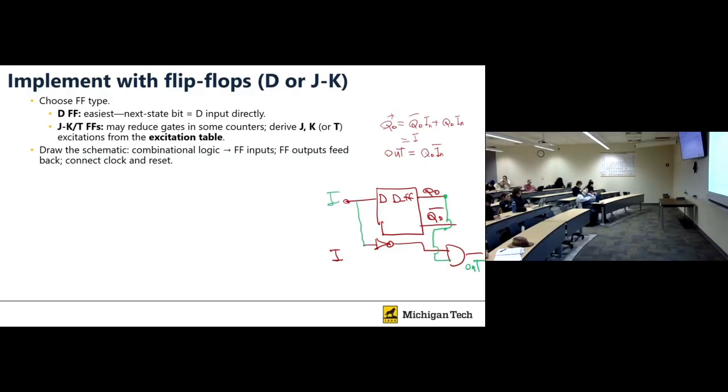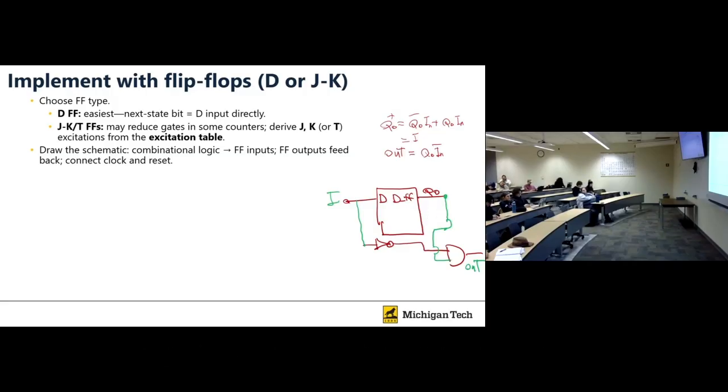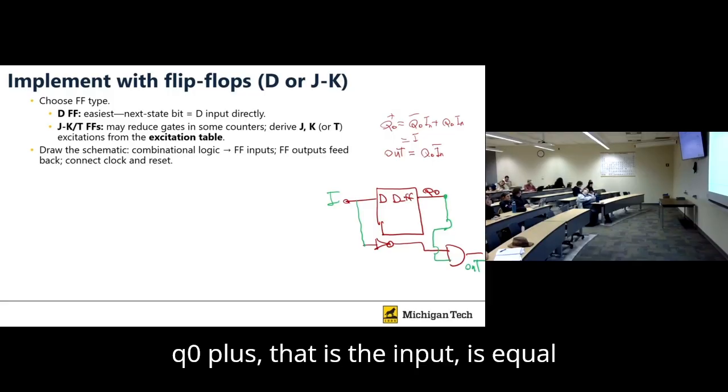This is I. That's it. We don't even need this part. So the output is Q0 and I bar, and Q0 plus, that is the input, is equal to I.